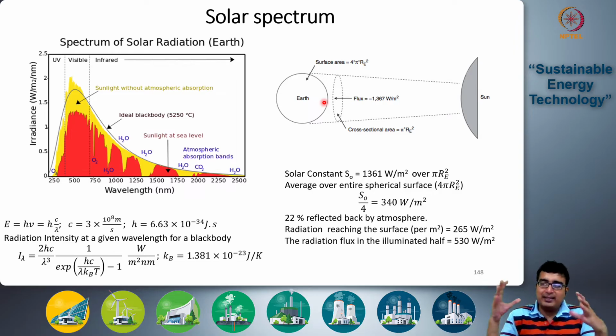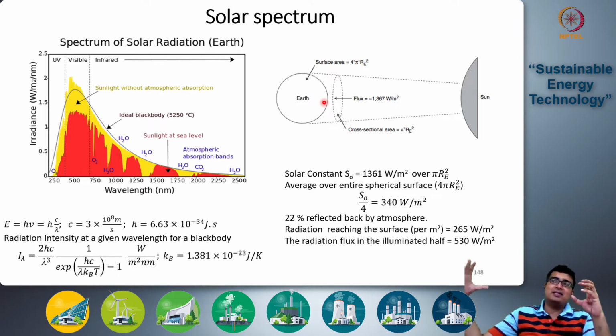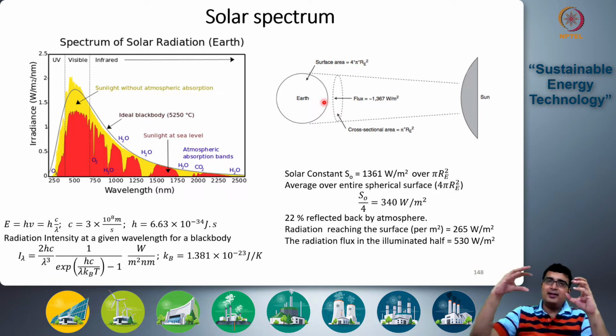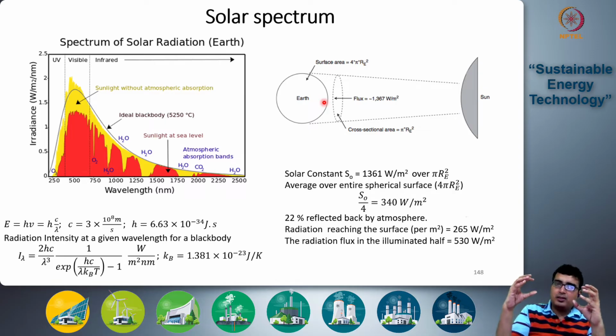So once again, let's understand what is going on. Earth is a sphere. It is projecting a circular cross-sectional area as it is facing the sun, and all the energy that is flowing from sun to earth through this circular cross-sectional area is being distributed over the surface of the earth. The area of this circular cross-section is pi Re square, and the surface area of Earth is 4 pi Re square.